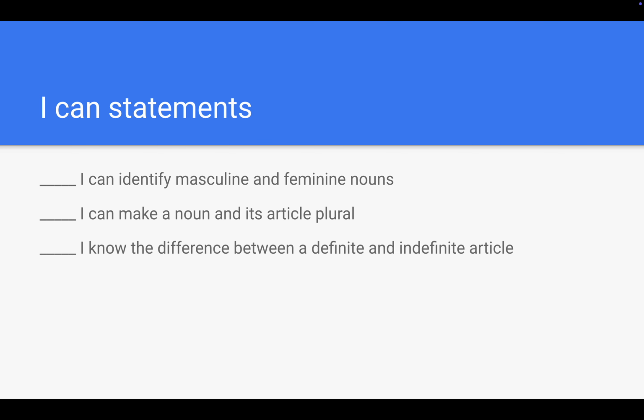Beautiful. You can make a noun plural, or you can make a plural noun singular. And then you know the difference between a definite and an indefinite article. If you can check all those boxes, beautiful, we've done our job for today. If you are unsure on any of those, then that's where you might need to go back and get a little bit of extra help or ask some clarifying questions.